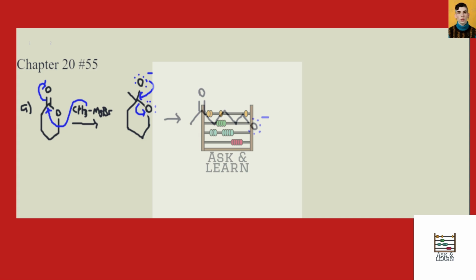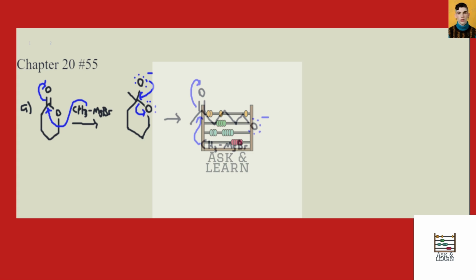Okay. And so from here, let me just double check. Right, yeah, so the problem specifies that we're using excess methyl magnesium bromide. And the reason it has to be excess is because we can now have a second equivalent of methyl magnesium bromide come in and attack this ketone.